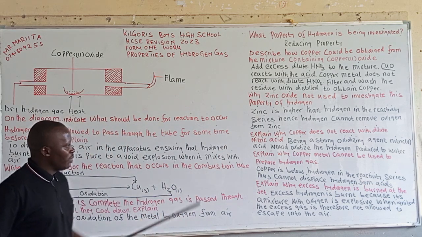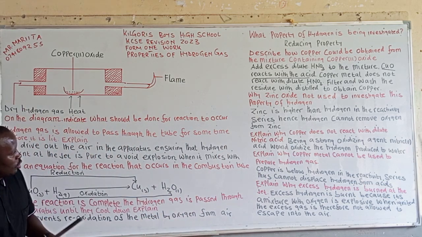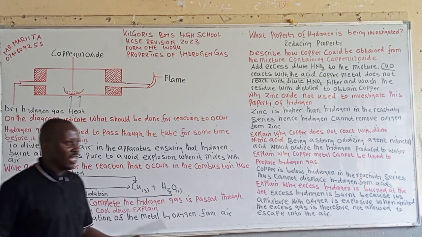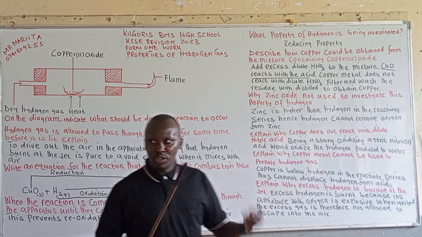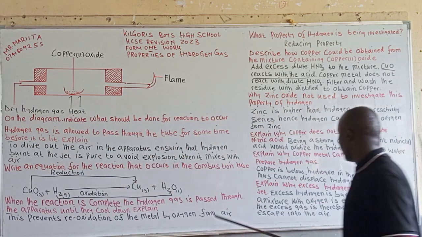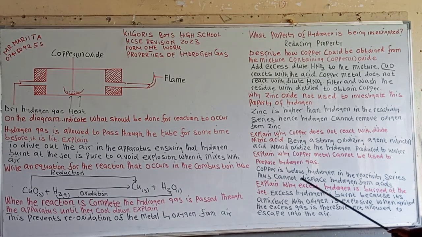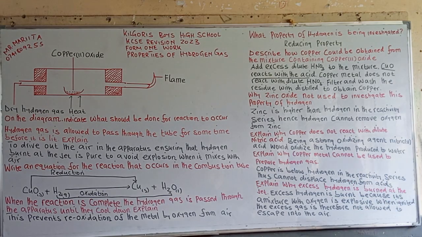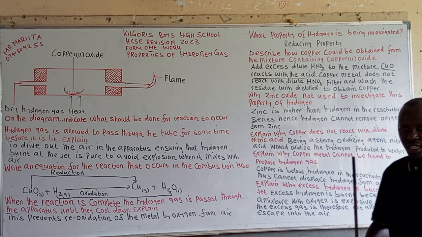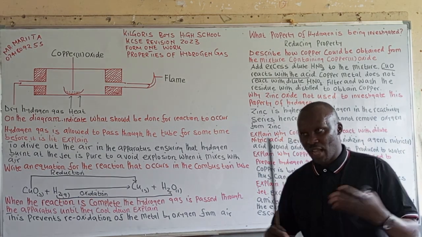Explain why copper metal cannot be used to prepare hydrogen gas. Copper is below hydrogen in the reactivity series. Therefore, it cannot displace hydrogen from the acids.